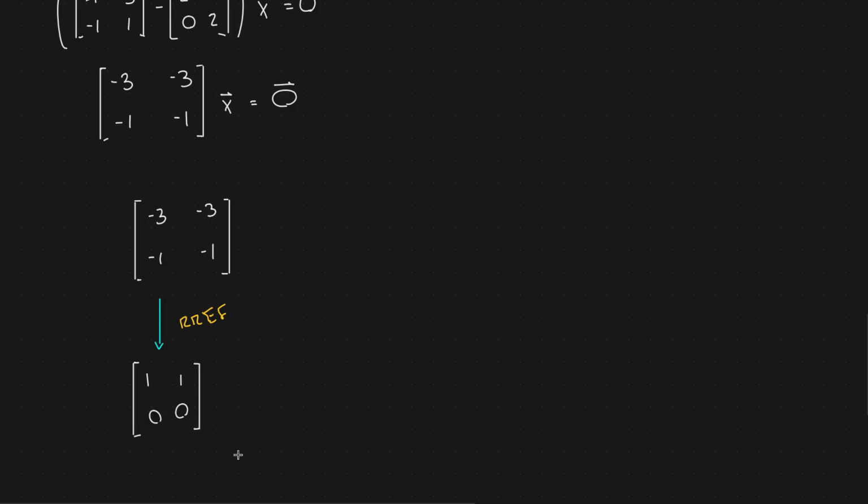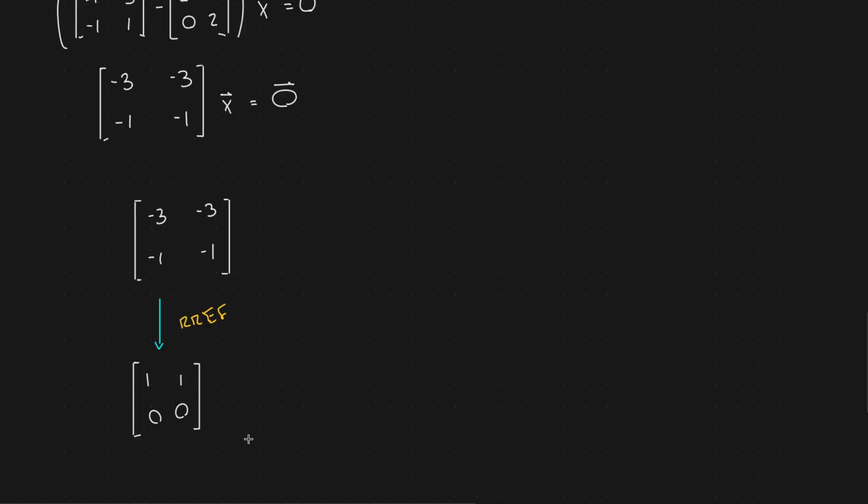Okay, notice that we do not have a leading entry in every column, right? This column has a leading entry, this one right here, but this column does not. This is not a leading entry. It's not the first non-zero entry in the row. So there is no leading entry. That means for the system, it will correspond to a free variable. That's good.